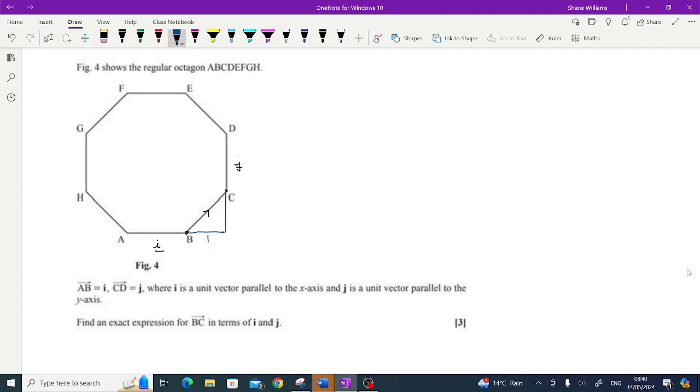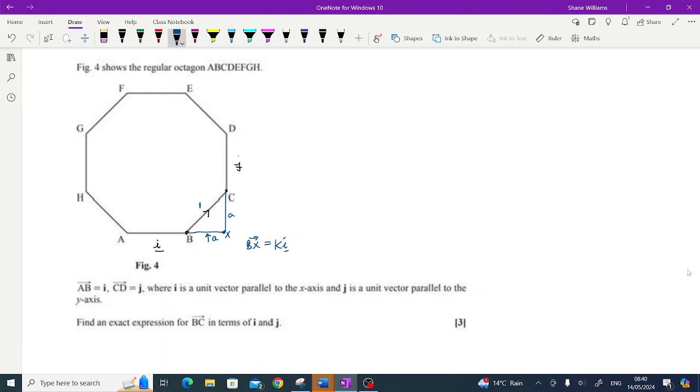But the thing is that this line here, let's call this x for a moment, B to x is not equal to i, it's equal to a multiple of i, let's call it ki for a second. And what is it? Well, we know that this length here, let's say this has a length of 1. And we've got an isosceles triangle, so using Pythagoras you can work out the lengths of these two things.